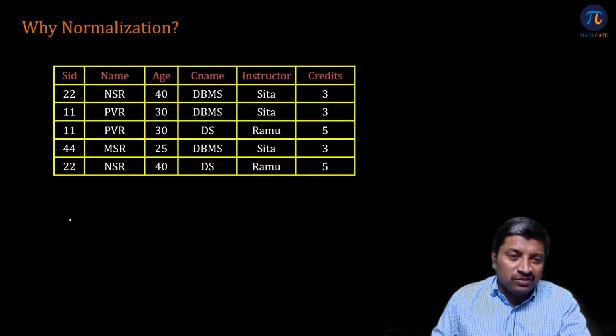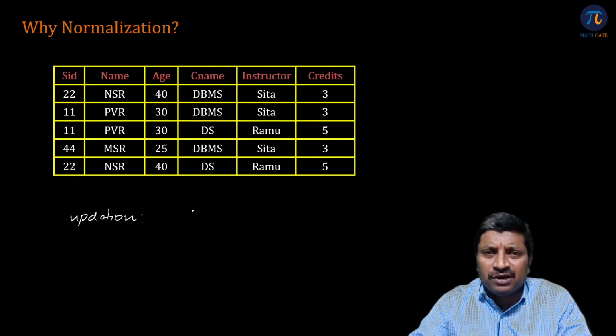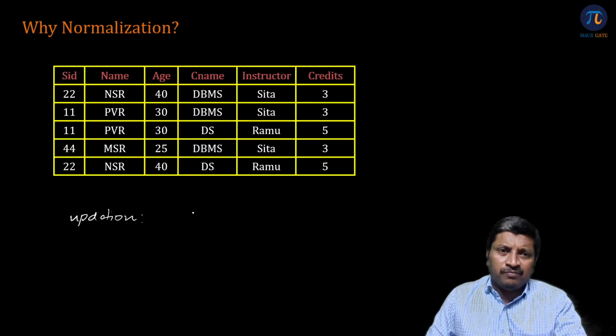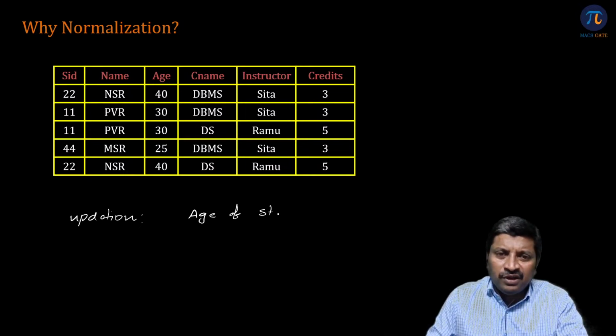Let me explain the third one, updation. When we update a record, there might be some problem. For example, suppose I want to update the age of students whose course name is DBMS.